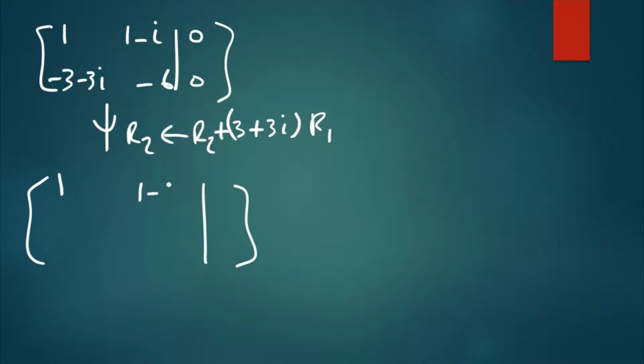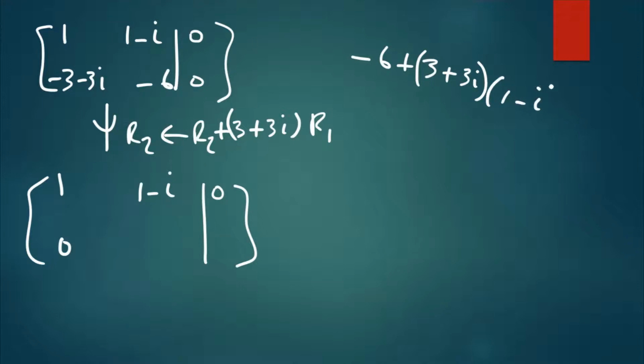So that's 1, 1 minus i, 0, minus 3 minus 3i plus 3 plus 3i times 1, that's 0, and minus 6 plus 3 plus 3i times 1 minus i.